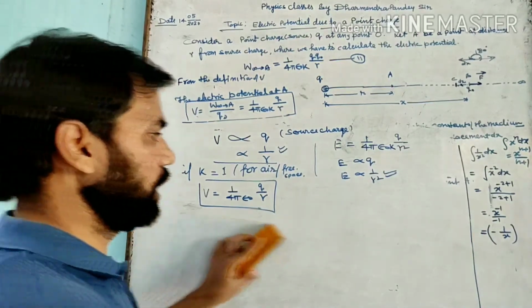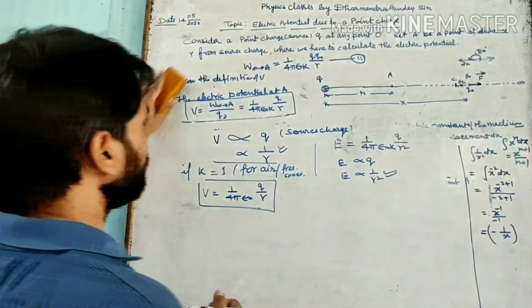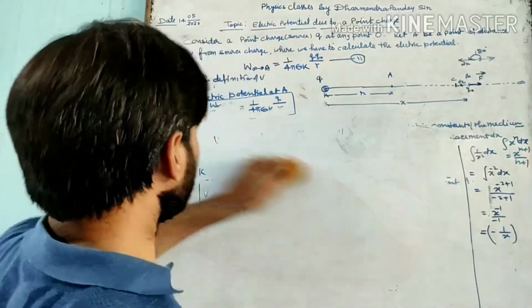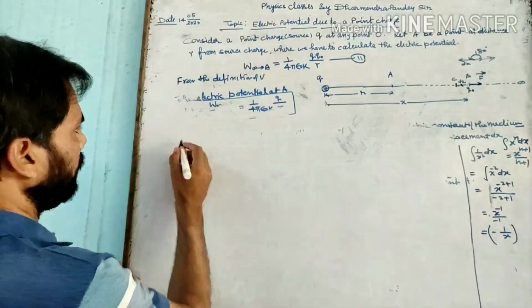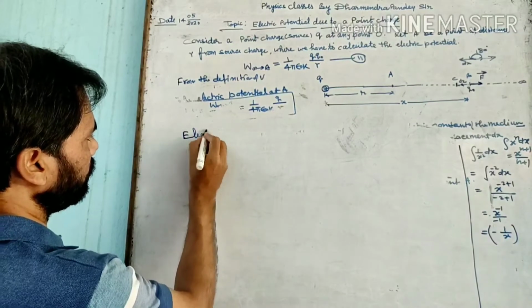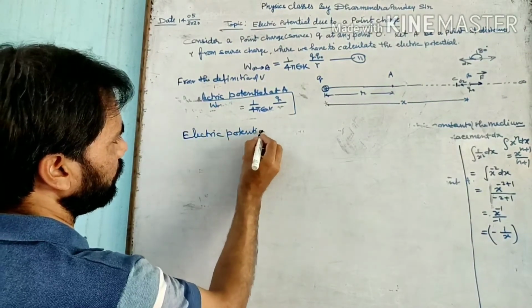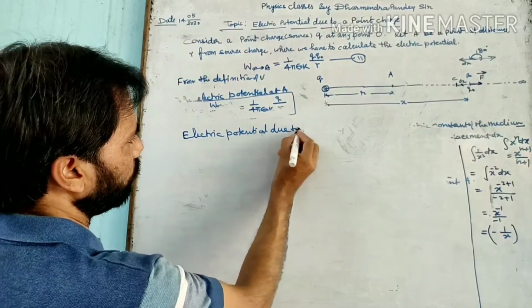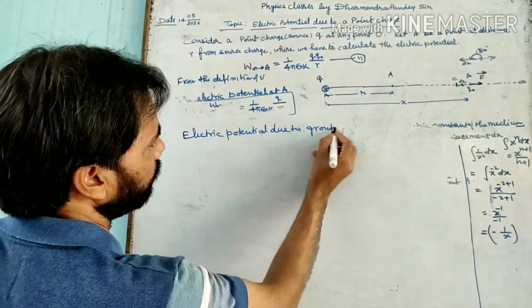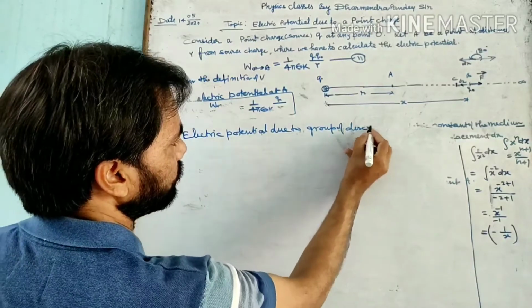Let us look here. Potential due to a group of discrete charges.